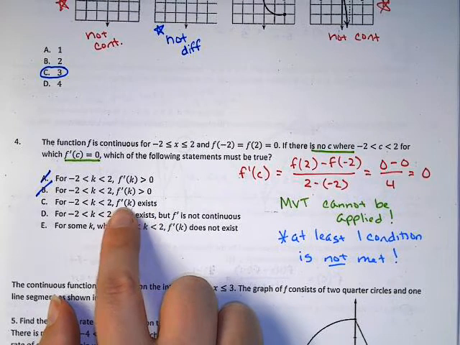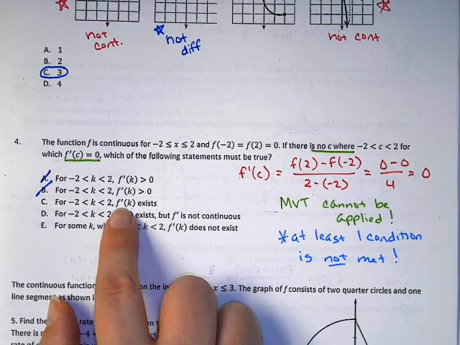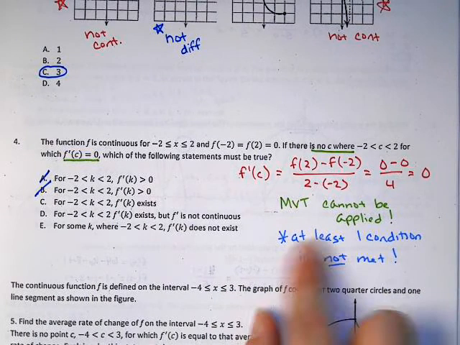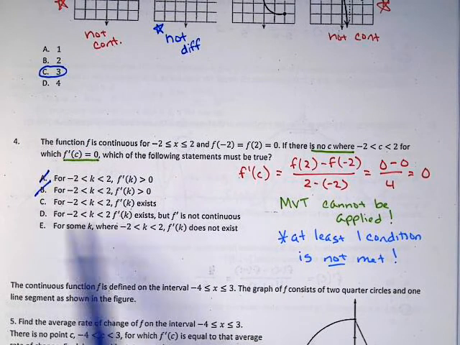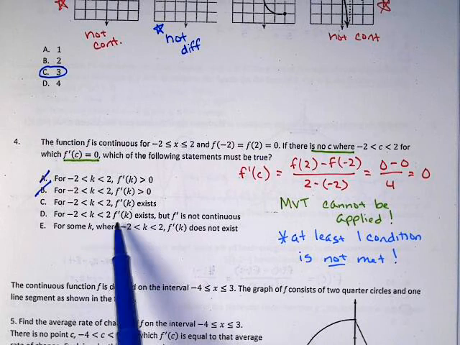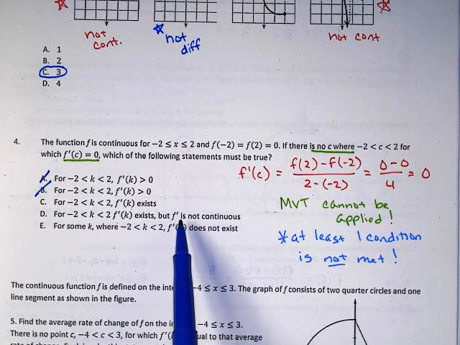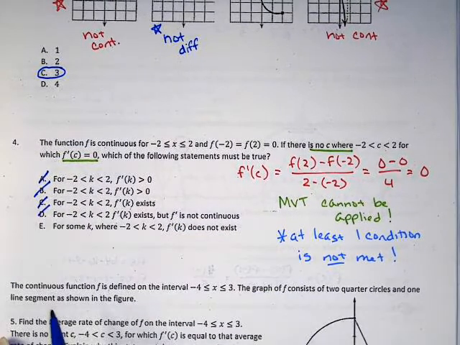It means that the derivative exists everywhere. But it doesn't matter if it exists everywhere. What we're looking for is one of the conditions of the mean value theorem to not be met. Choice D says that f prime of k exists, but f prime is not continuous. That's not a condition for the mean value theorem either.